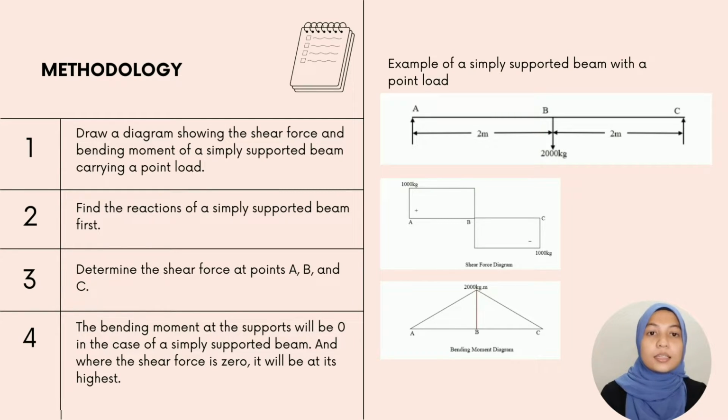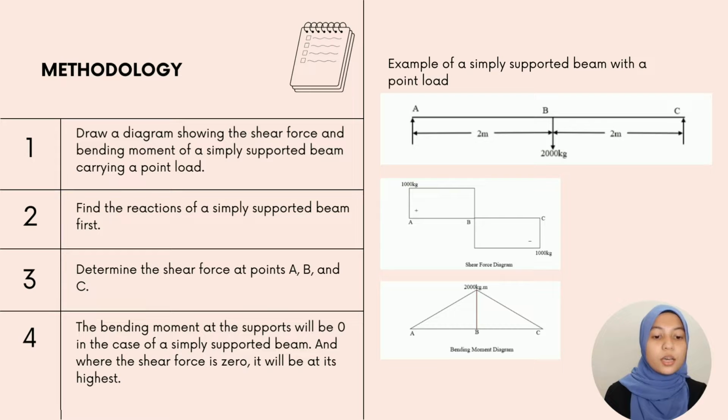Third, determine the shear force at points A, B and C. When a point load is carried by a simply supported beam, find the shear force value in parts. The shear force value will remain constant until the point load is reached.